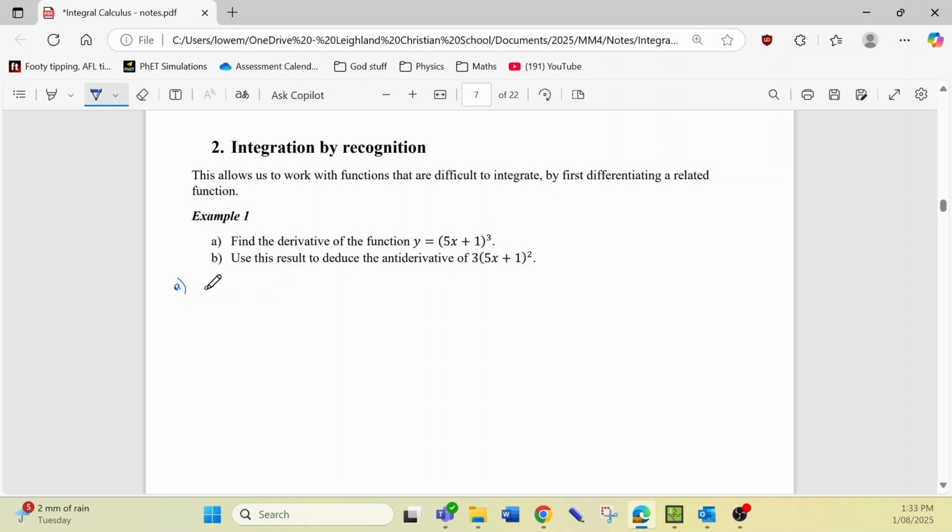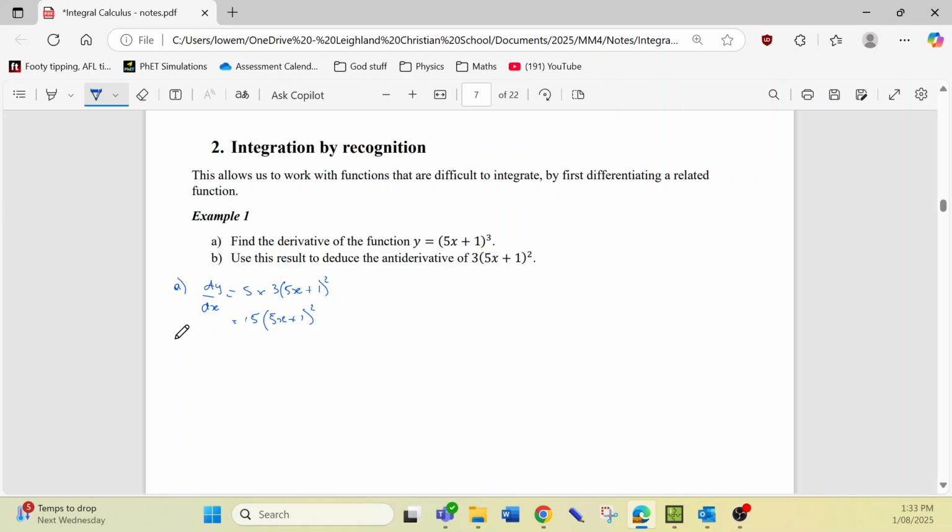So dy/dx will equal 5, because that's the derivative of the inner part, multiplied by the derivative of the outer, which would be 3(5x + 1)^2, which is going to simplify to 15(5x + 1)^2.